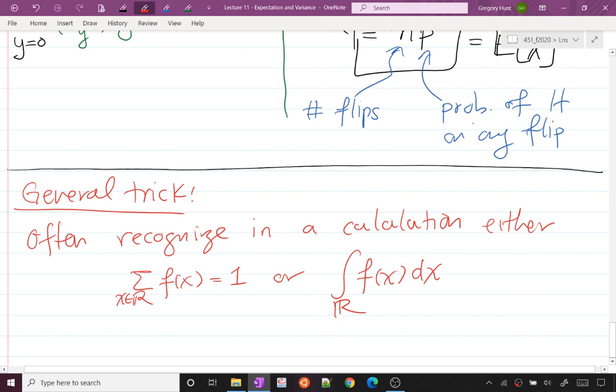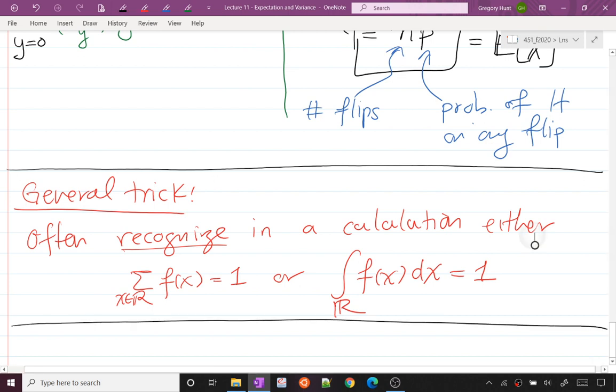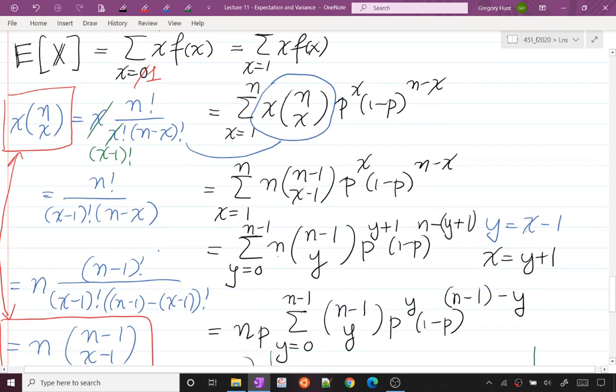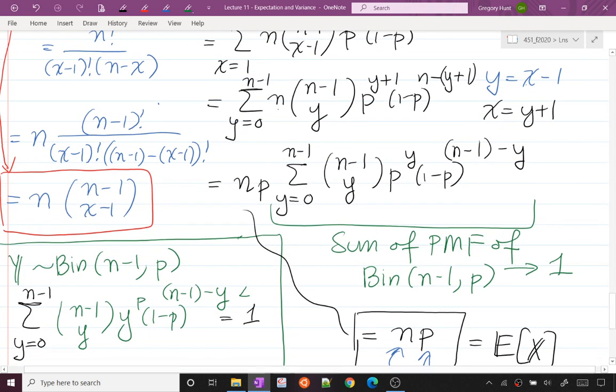And you can recognize that these have to be 1, that the PDF has to integrate to 1 and the sum of the PMF has to be 1. Often we can recognize this, and it may take some work. In the case above, we had to do a couple of other little tricks to get it into the right form, where we then could recognize the sum, which looks like a horrible, nasty sum, as something really straightforward and simple. Oh, that's just 1, right?